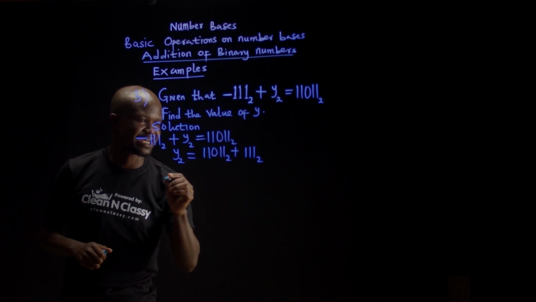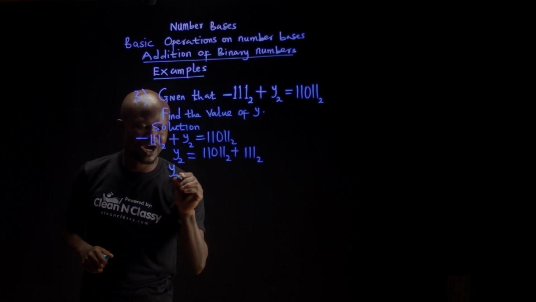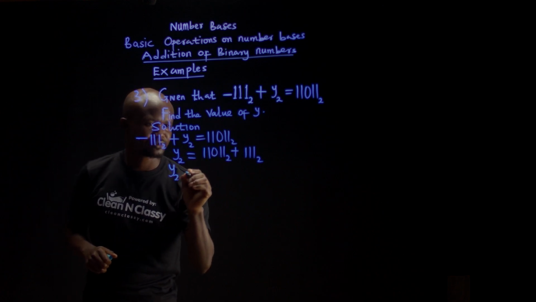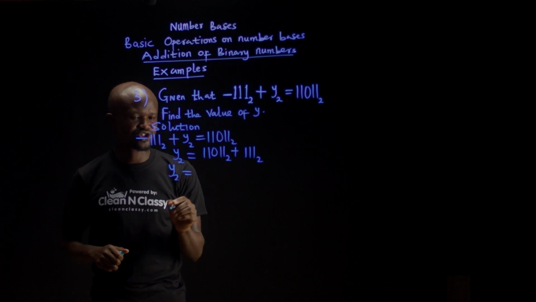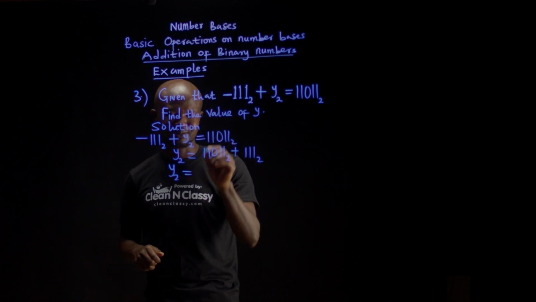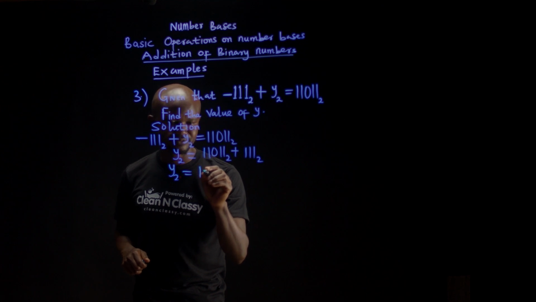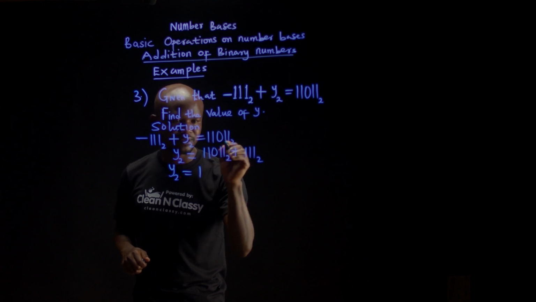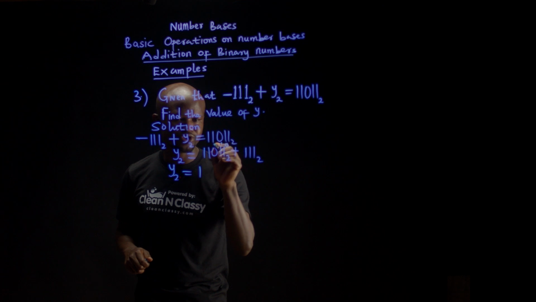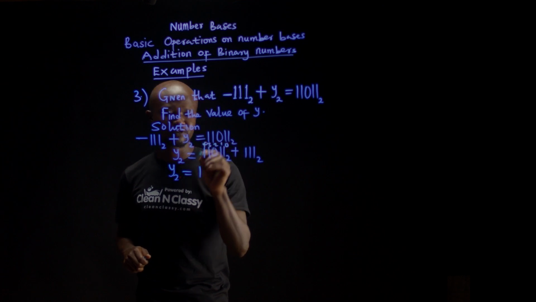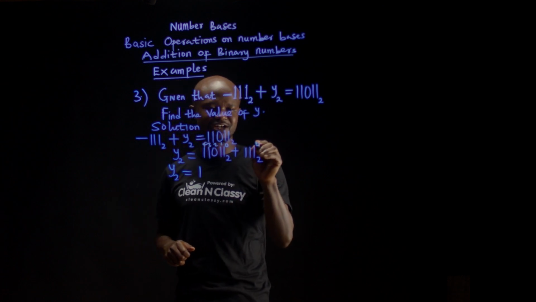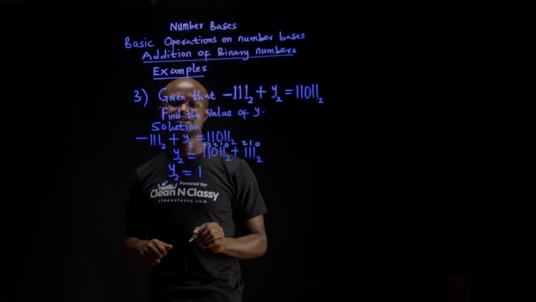From the right-hand side, I have y base 2 is equal to, converting now, I'm going to convert this. This is 1 0 1 1 0 1 1, counting 0, 1, 2, 3, 4 from the back.